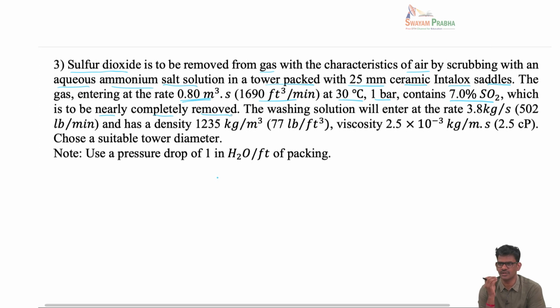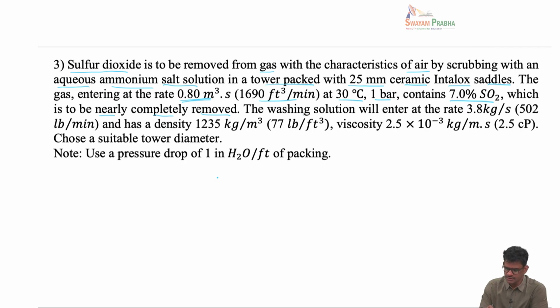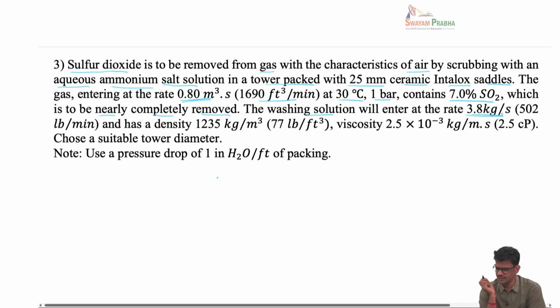All the SO2 should be removed in the outgoing gas. The washing solution is entering at a mass flow rate of 3.8 kg per second, also given in terms of pound per minute, and its density and viscosity are given in both units, and we need to calculate the tower diameter.